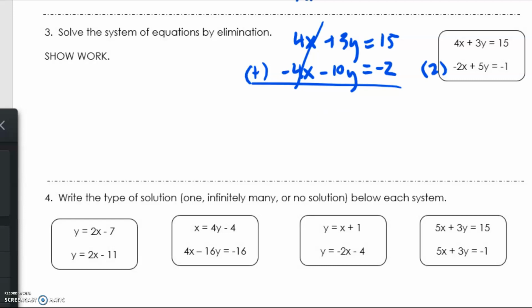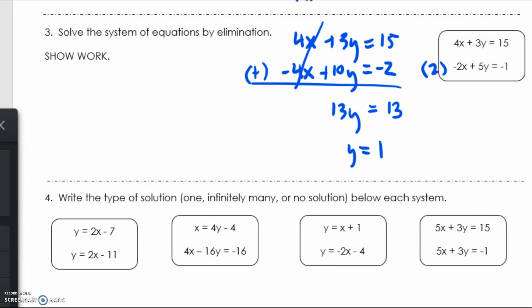This is a positive 10, not a negative. I multiplied by 2, that should stay positive. All right, 3y plus 10y is 13y. 15 minus 2 is 13. There we go. Divide by 13 from both sides, and we get y is equal to 1.